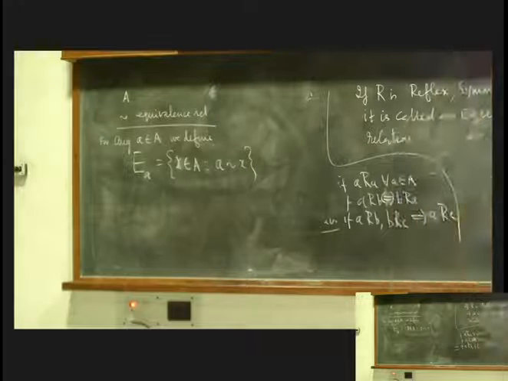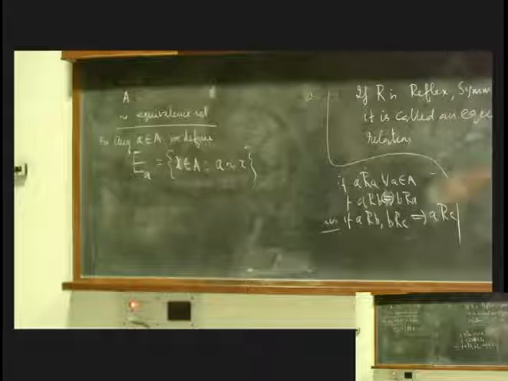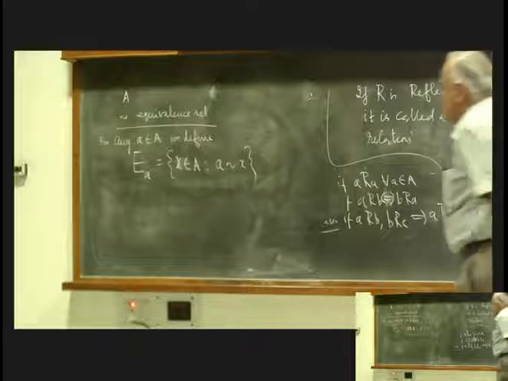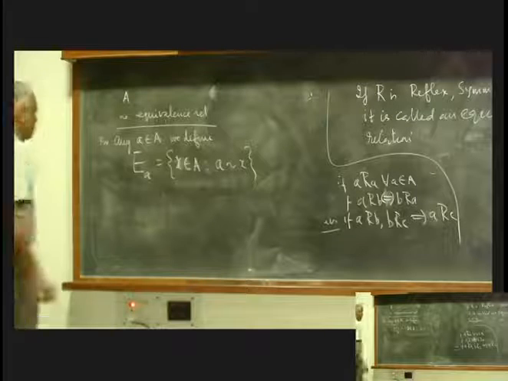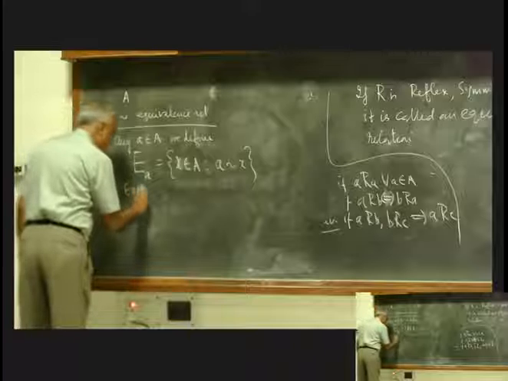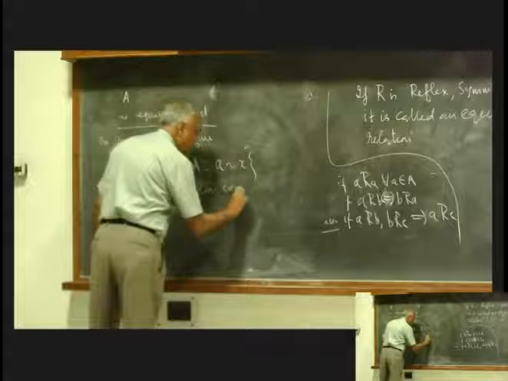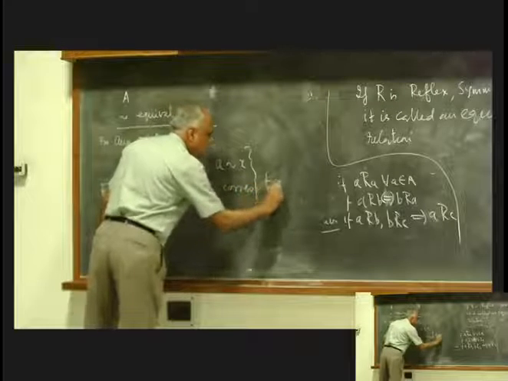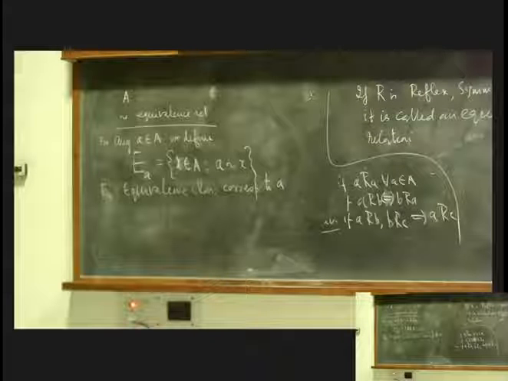The equivalence class of a is all its relatives. The set of all relatives of a is called the equivalence class of a. E_a is called the equivalence class corresponding to a, or the equivalence class generated by a. Okay.